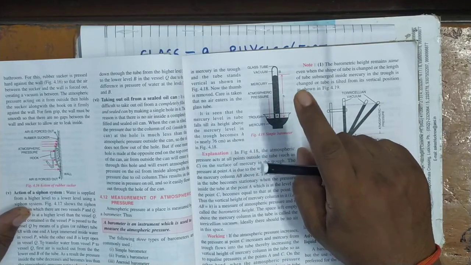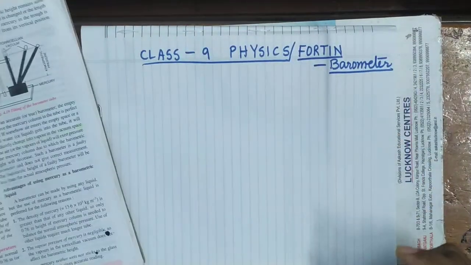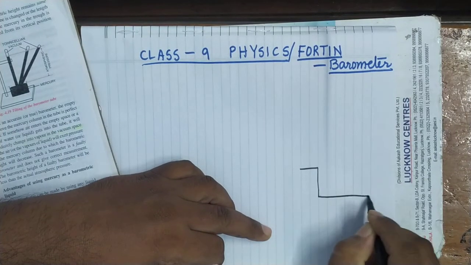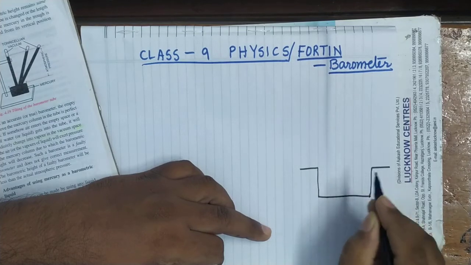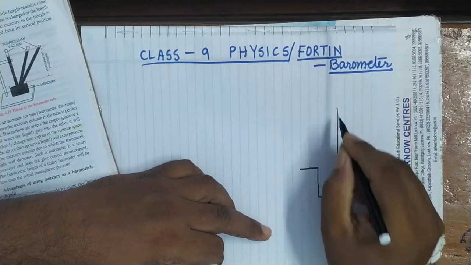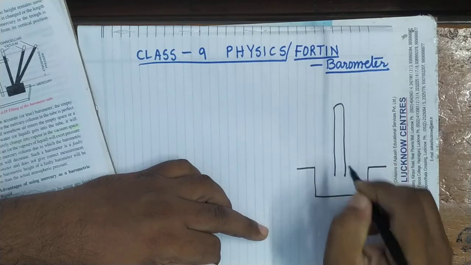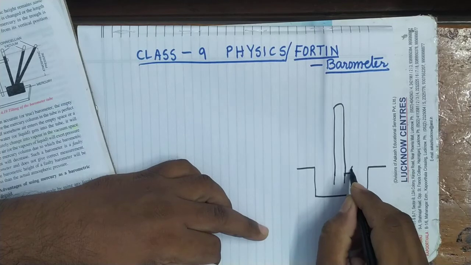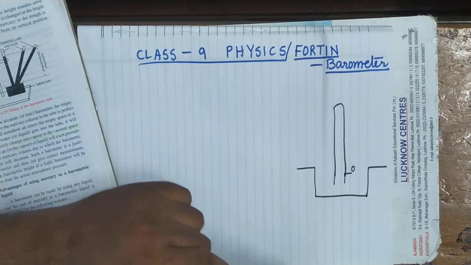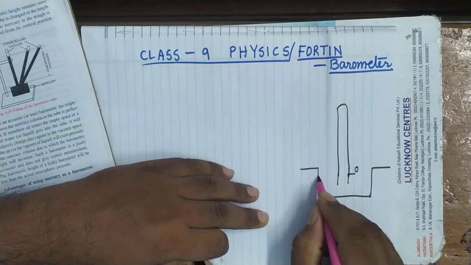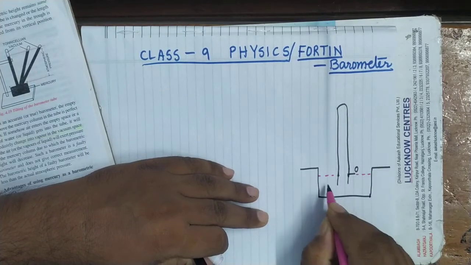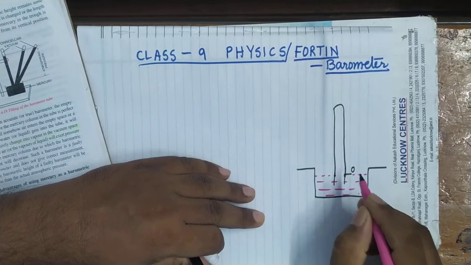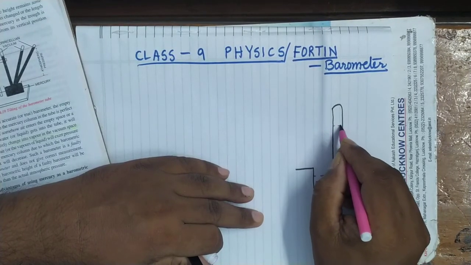Here, this is the trough containing the mercury, and this is the tube, and suppose at this moment the zero is coinciding with the mercury level in the trough. It's clear? And here it is filled up to here.